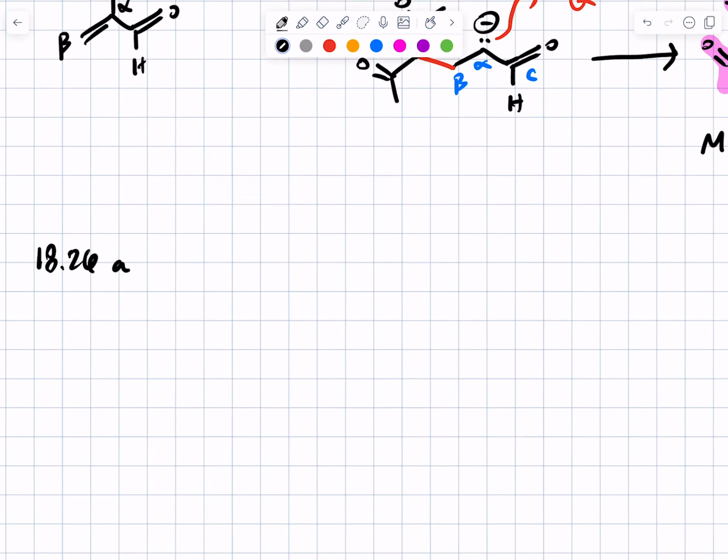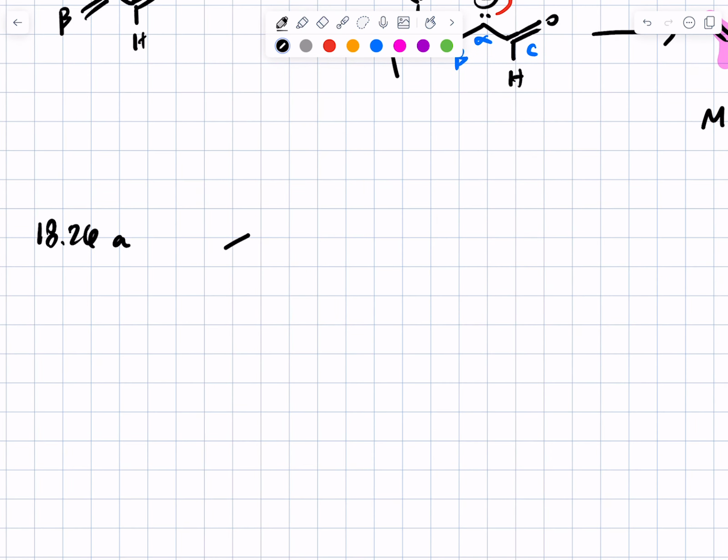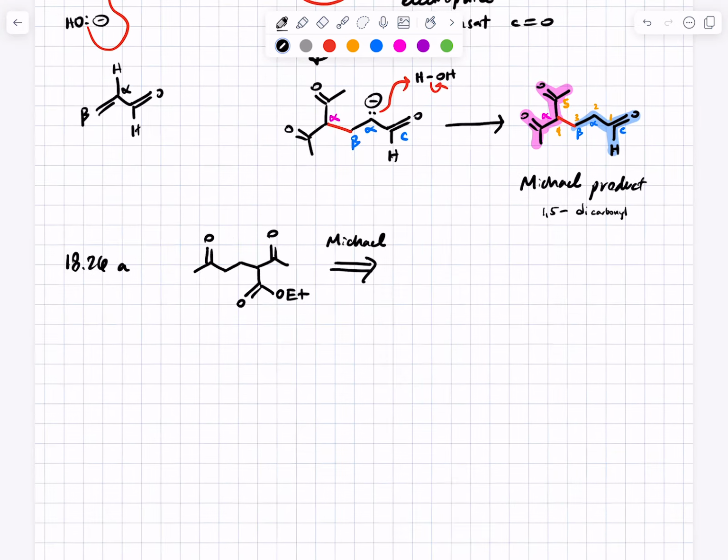I don't know if that's assigned in the study guide or problem set or not, but you can check it off if you work through it with me in class here. So the question is, what starting materials are needed to prepare this molecule via the Michael reaction?